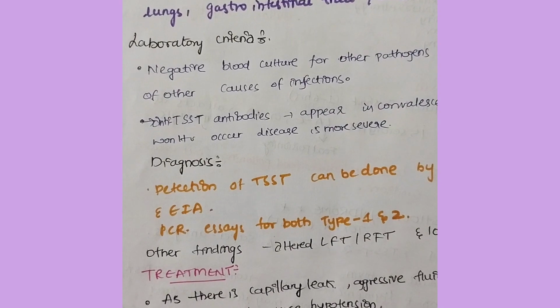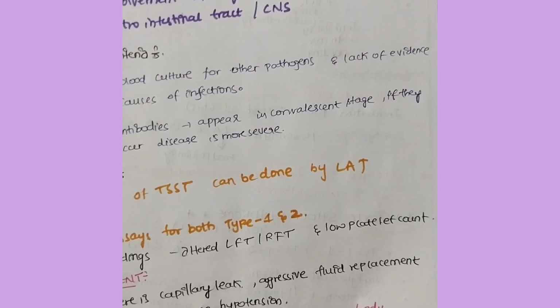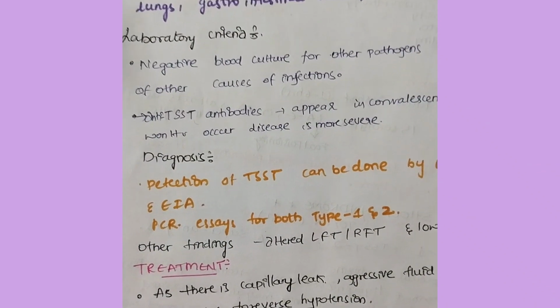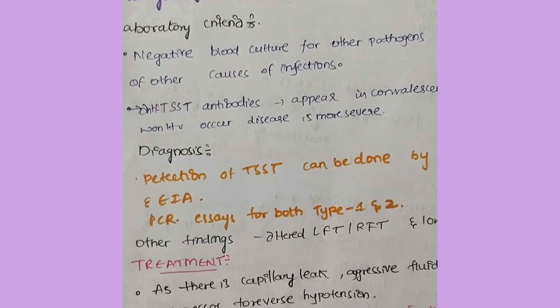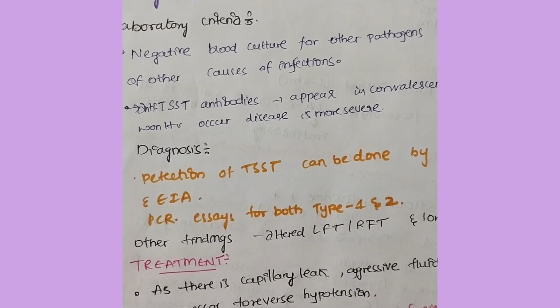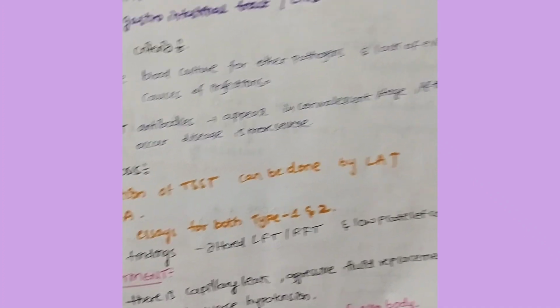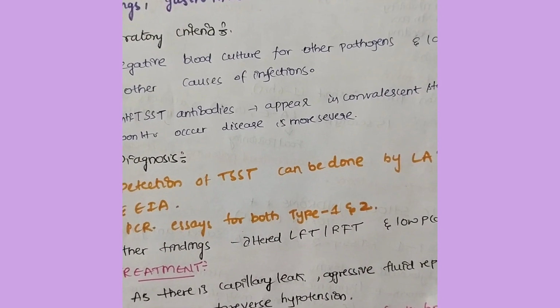So coming to laboratory criteria: negative blood culture for other pathogens and lack of evidence of other causes of infection. Blood culture is positive for only Staphylococcus aureus. Negative blood culture will be shown for other pathogens. Anti-TSST antibodies appear in the convalescent stage. If they do not appear, the infection will become so severe.